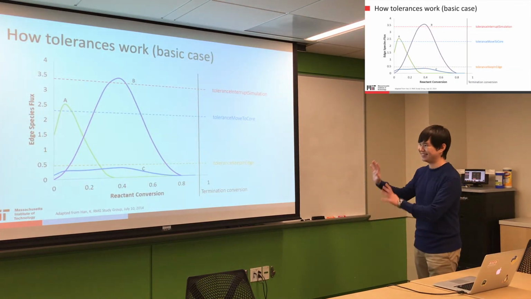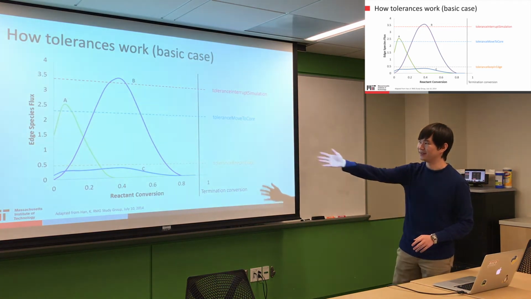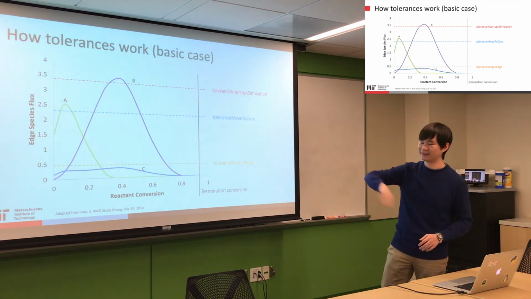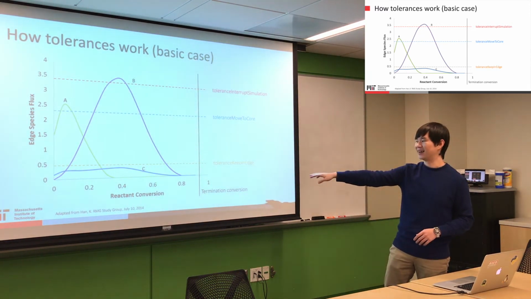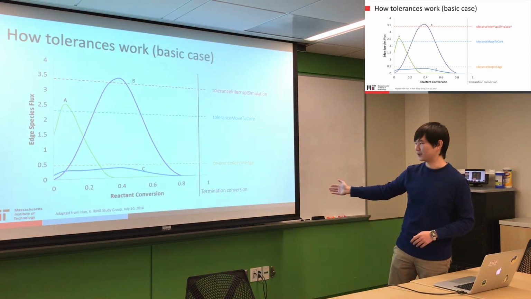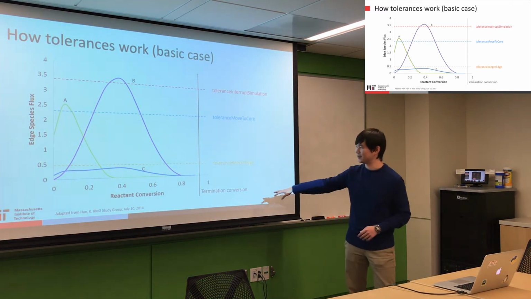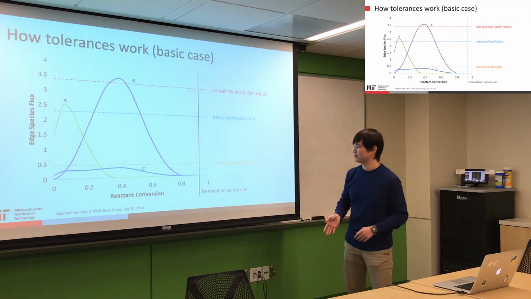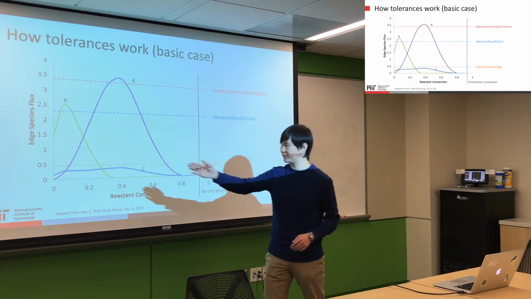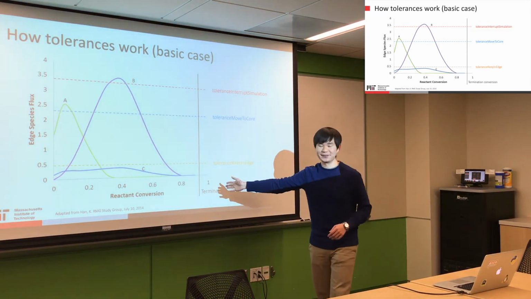Right. So then, what do these tolerances actually mean? This is a plot of fluxes to your edge species. A, B, and C might be different reactions as a function of your reactant conversion. If, for example, you specified a termination conversion of 0.9 something, what RMG would do is simulate your reactor until it hits this conversion.